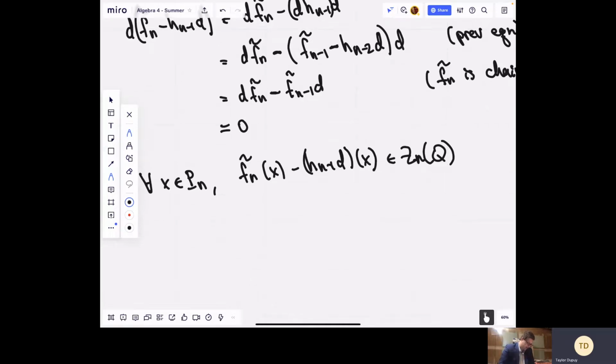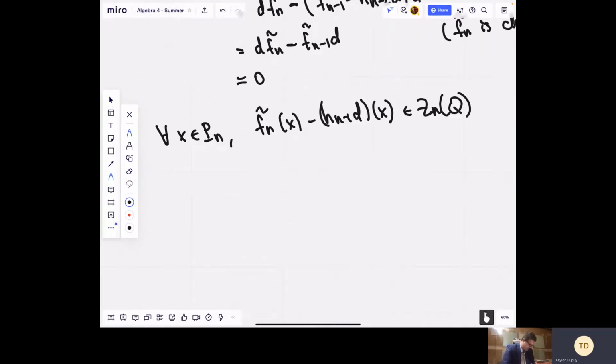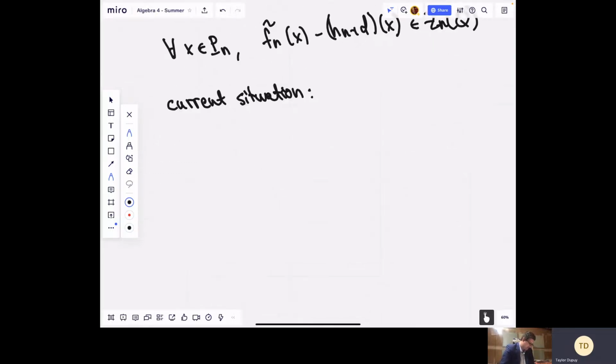Let's write out what the current situation looks like and see if we can apply the property that projective maps have. We have a map from Pn into Z and Q, and this is Fn tilde minus Hn minus 1D.